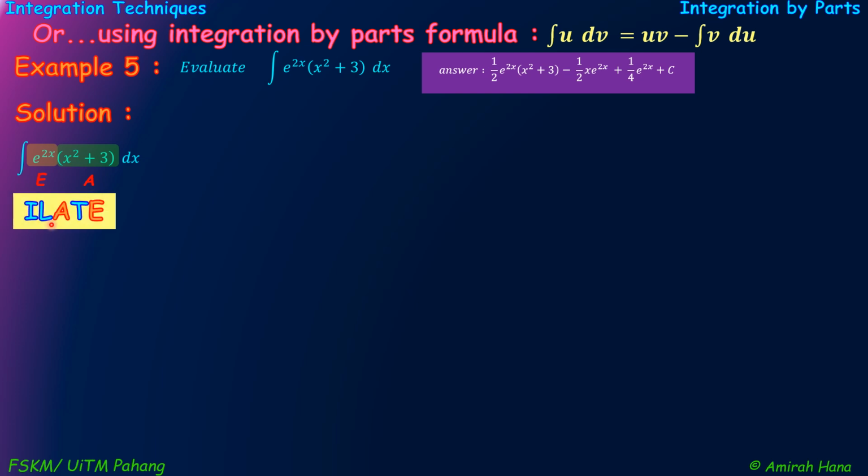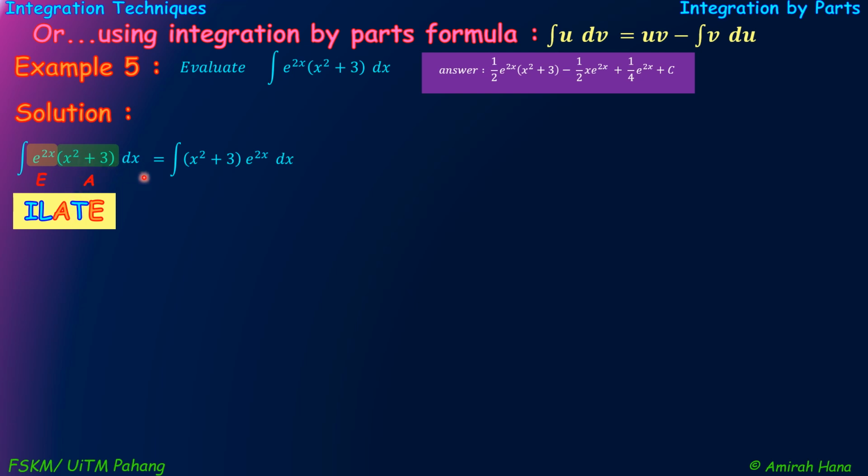From the Euclid formula, a comes first, meaning a should be u. The other function, the exponential function, should be dv. Whichever function comes first is equal to u, and we can put it in front.